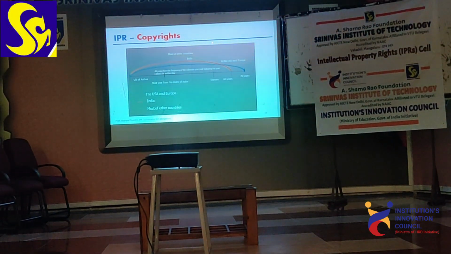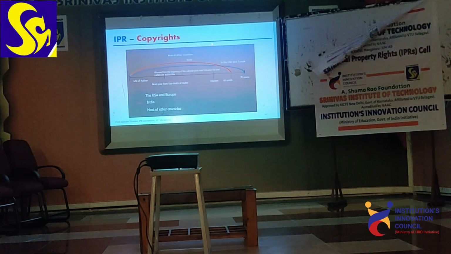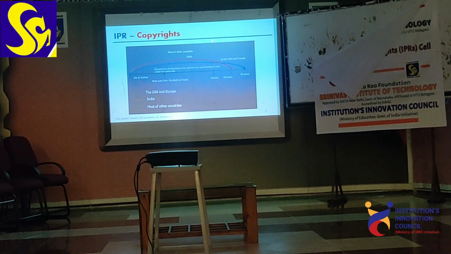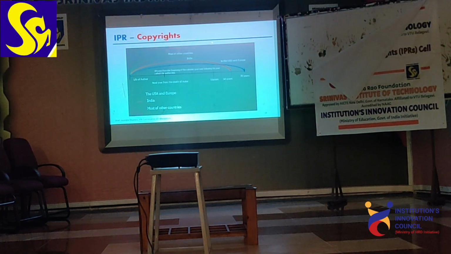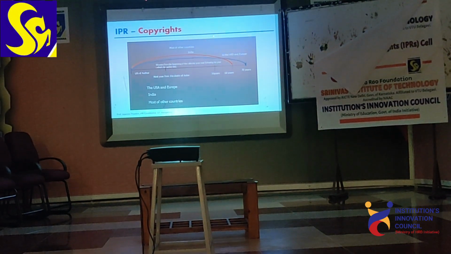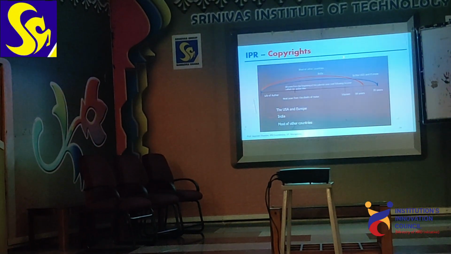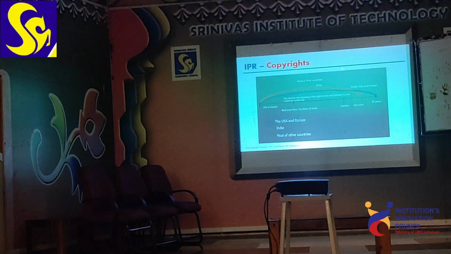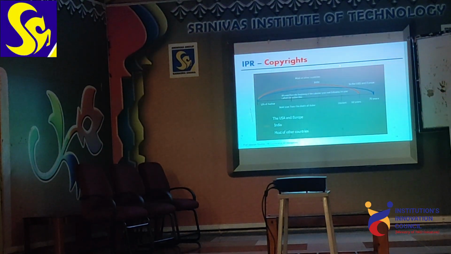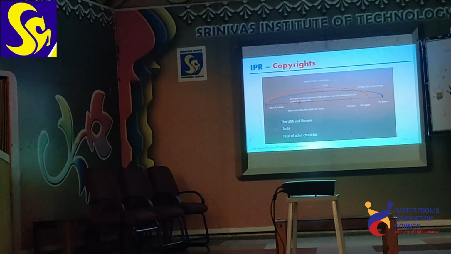Now for copyrights, how long do you get? For patents it is 20 years from the date of granting the patent. Whereas for copyright, suppose you write a novel today, it comes into existence right away, and you can get royalty for it.